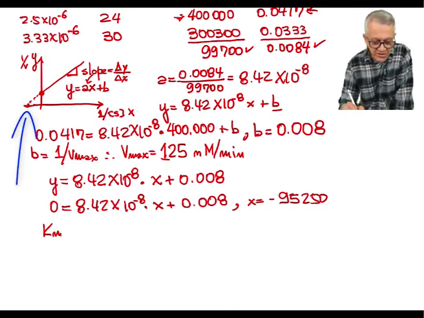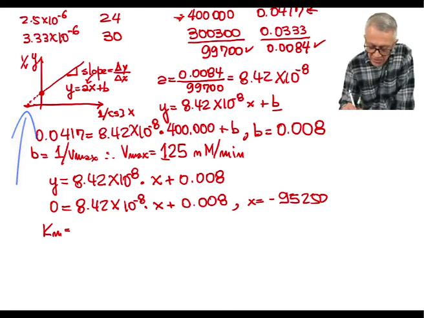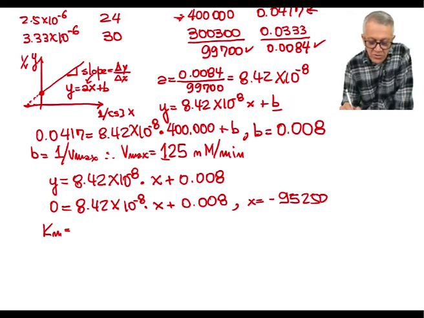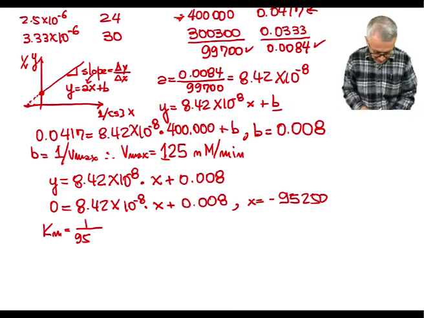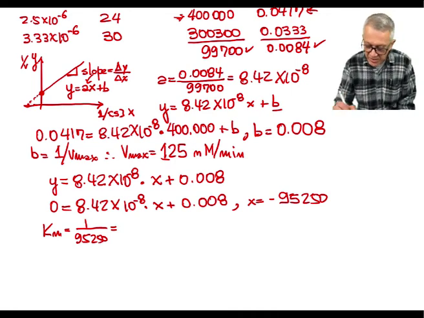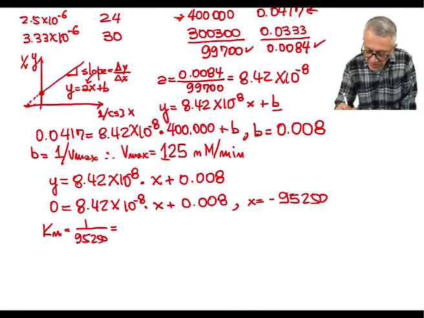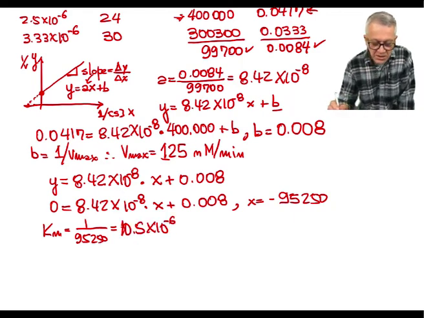Okay, so we know that number is the inverse of Km. So in order for us to calculate Km, it is going to be the inverse of this number here. That's x when y equals 0, right? So Km is going to be 1 over 95,250. So what you get here equals 10.5 10 to the power of negative 6.